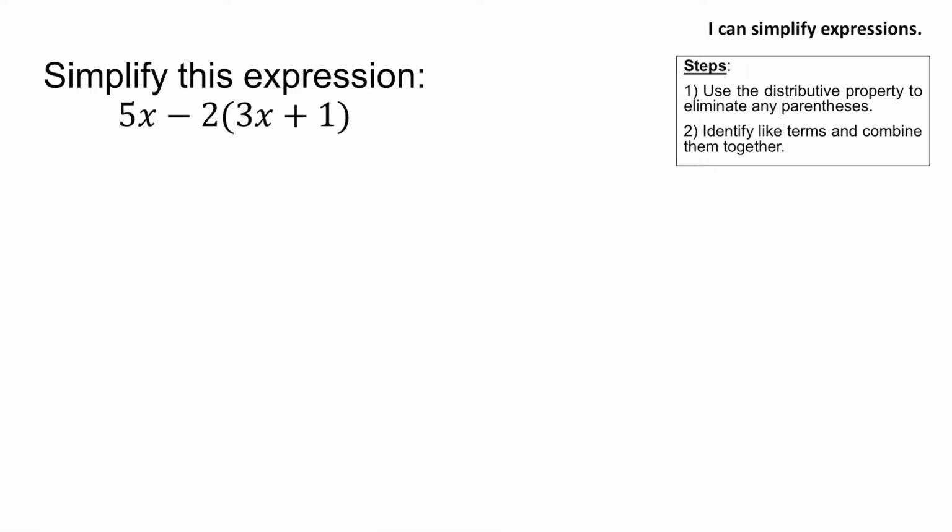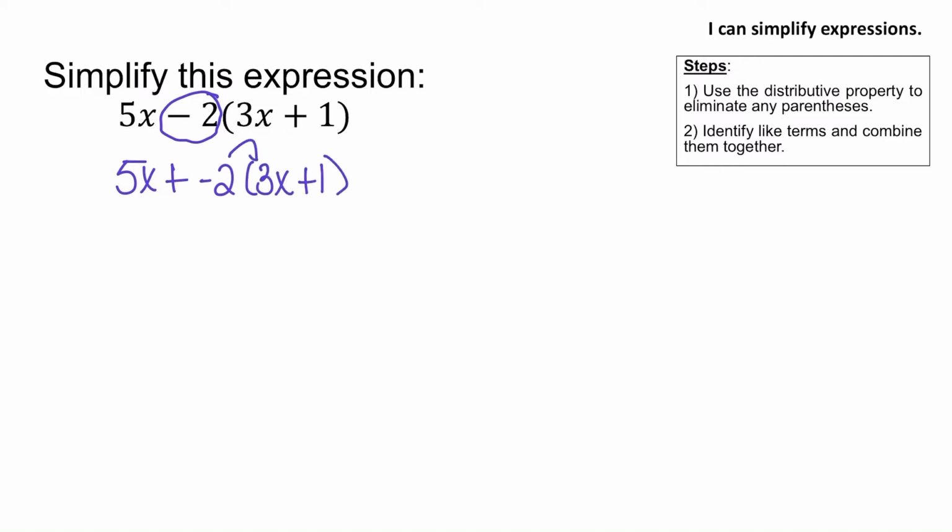So now let's try simplifying this expression. This is similar to the problem we just did. Notice that we're distributing after a subtraction sign. So I'm going to start off by rewriting this problem. I'm going to write it as 5x plus negative 2 times 3x plus 1.